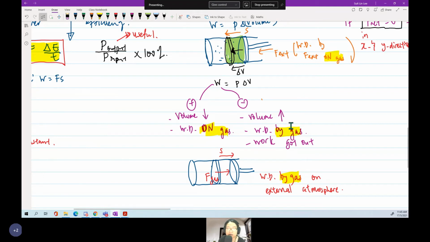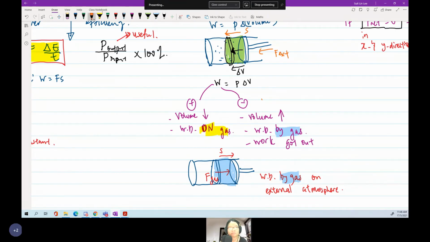Actually, this one I should change color. It's green. Actually, no, this one cannot be green. Cannot blue lah. So work done by the gas for this one. So when there's this change in volume from here to here, it's work done by the gas. Does that make sense, my friend? If you think about forces, then you need to bring in the third party.